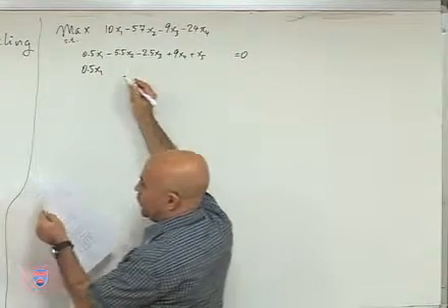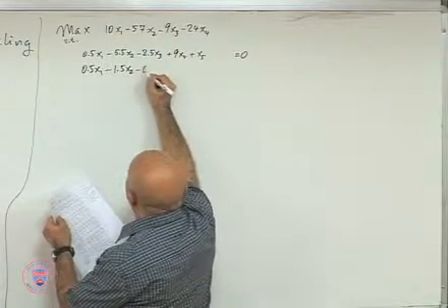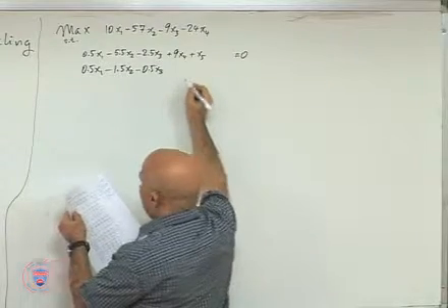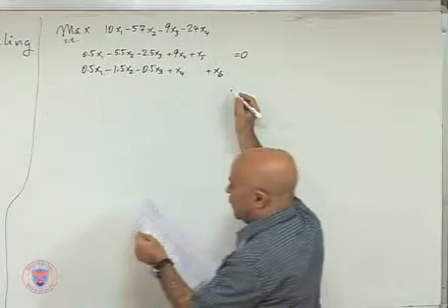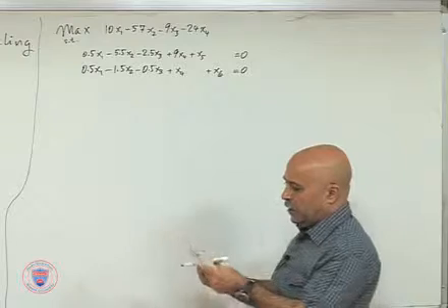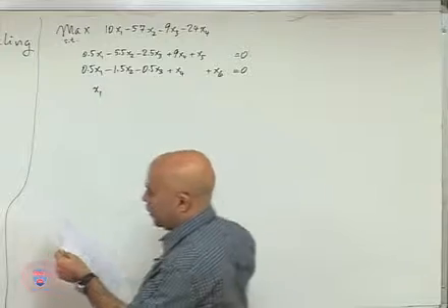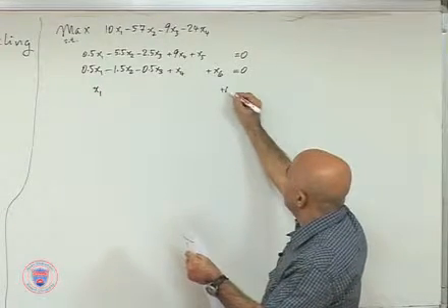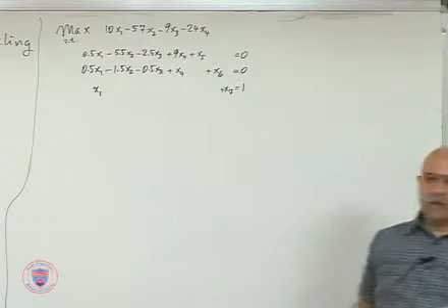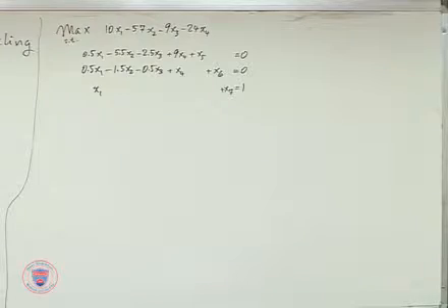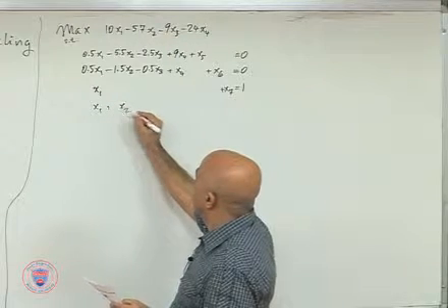The second constraint, 0.5x1 minus 1.5x2 minus 0.5x3 plus x4 plus x6 equals 0 again. And then we have a third constraint which has x1 plus x7, again slack, equals 1. So the last constraint is actually x1 less than or equal to 1, but we have the slack here. And then you have the non-negativity.